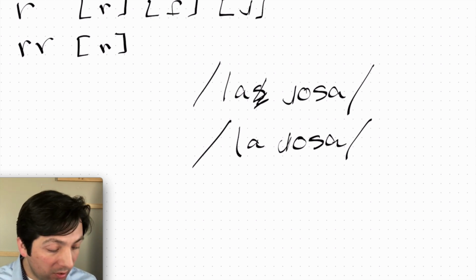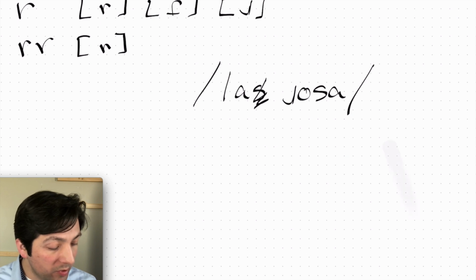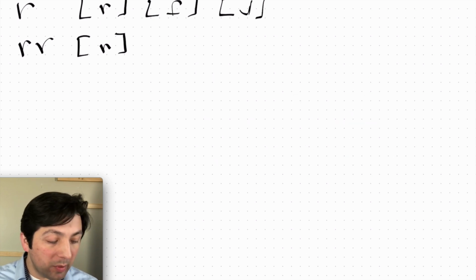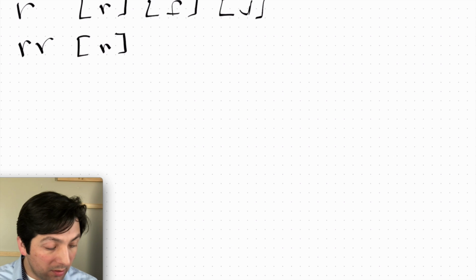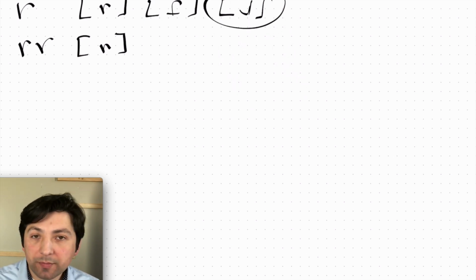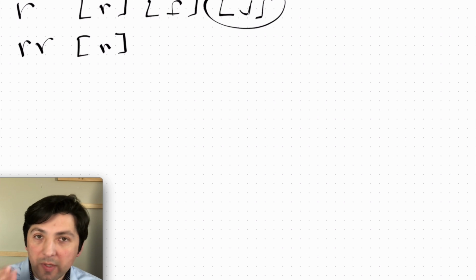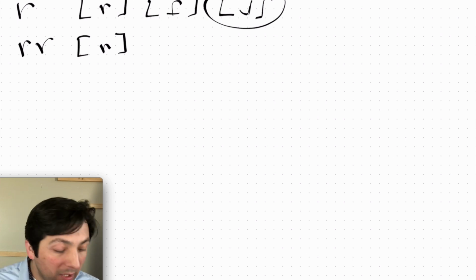So those are the three sounds that the single R will produce in the Spanish language. Just keep in mind that this one right here is an allophone. It's not going to change the meaning. That's what you produce right after that alveolar fricative. Right?